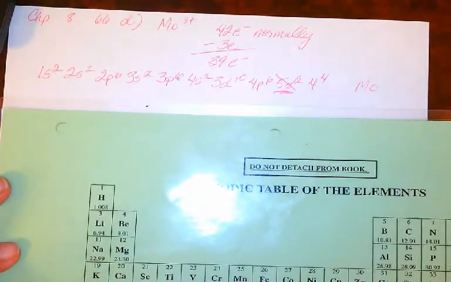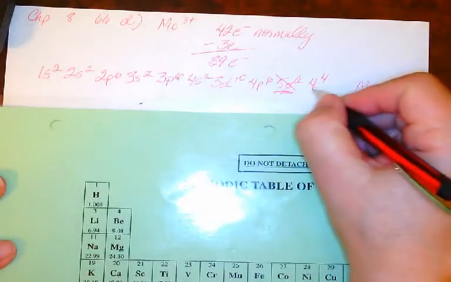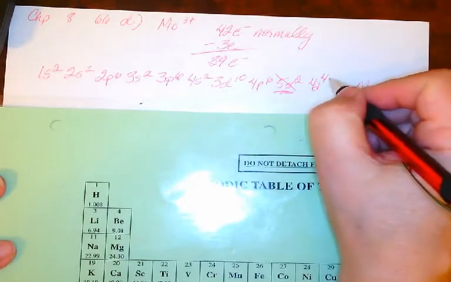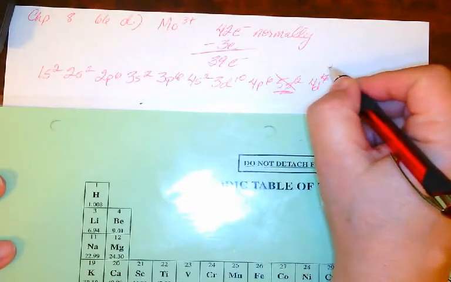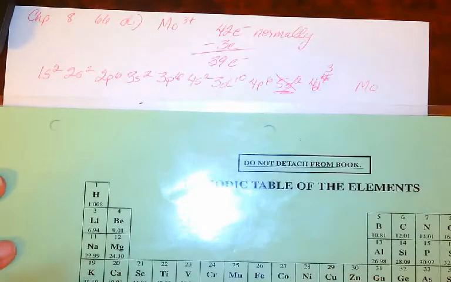It's going to lose 2 from there. And then it's going to lose 1 from the 4d, so this is going to go down to 3. So a total loss of 3 electrons, giving us the 3+ charge and where they're coming from.